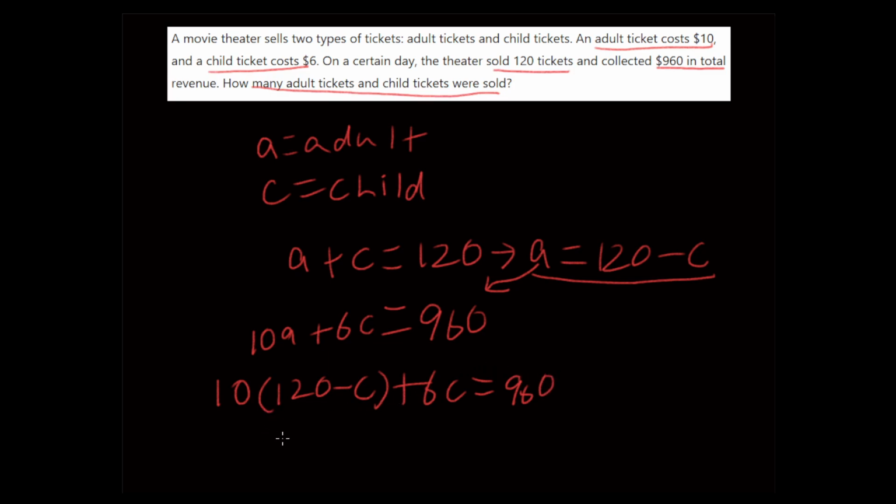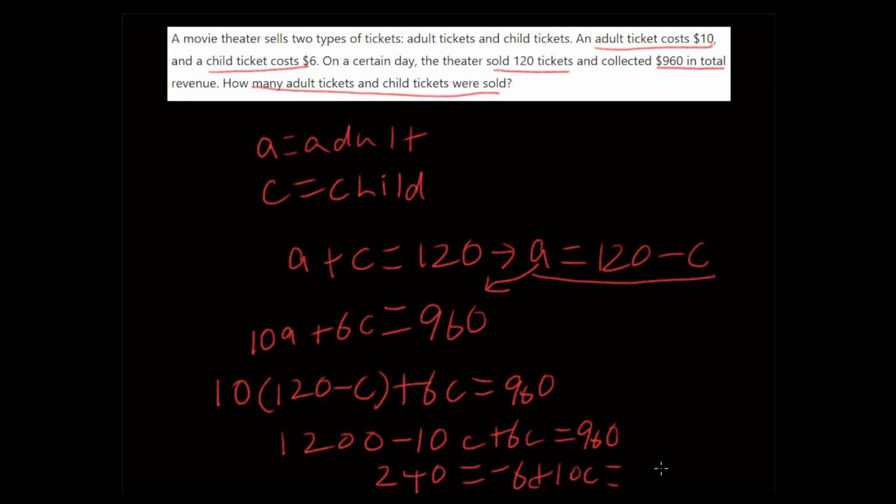Then we solve for C. We have 1,200 minus 10C plus 6C equals 960. Then 1,200 minus 960 is 240, and combining the C terms gives 4C equals 240. So C is equal to 60.